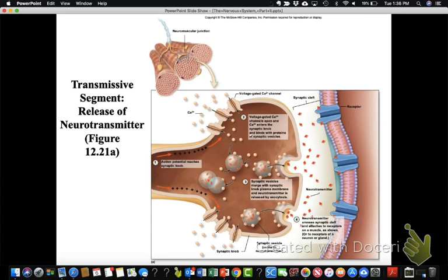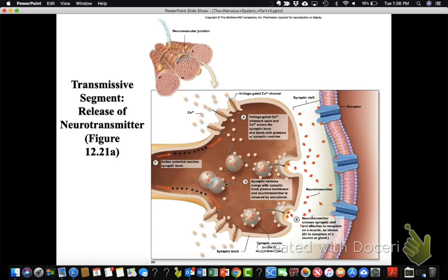So here's the diagram from your book, figure 12, showing you a neuromuscular junction. You can tell that because those are muscle cells being stimulated there. It doesn't matter. They all work the same. So you see calcium channels opening. Those are voltage-regulated calcium channels when the action potential arrives.